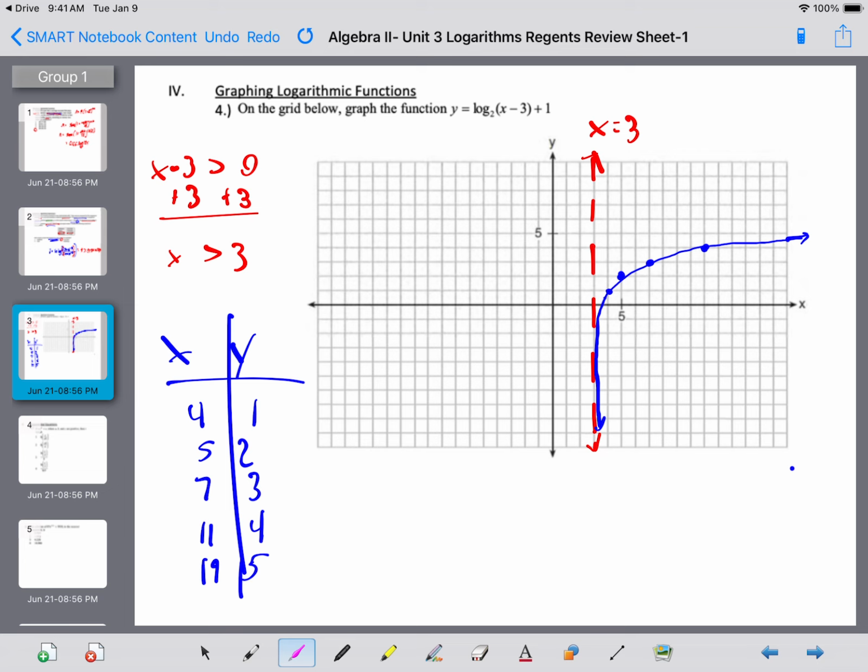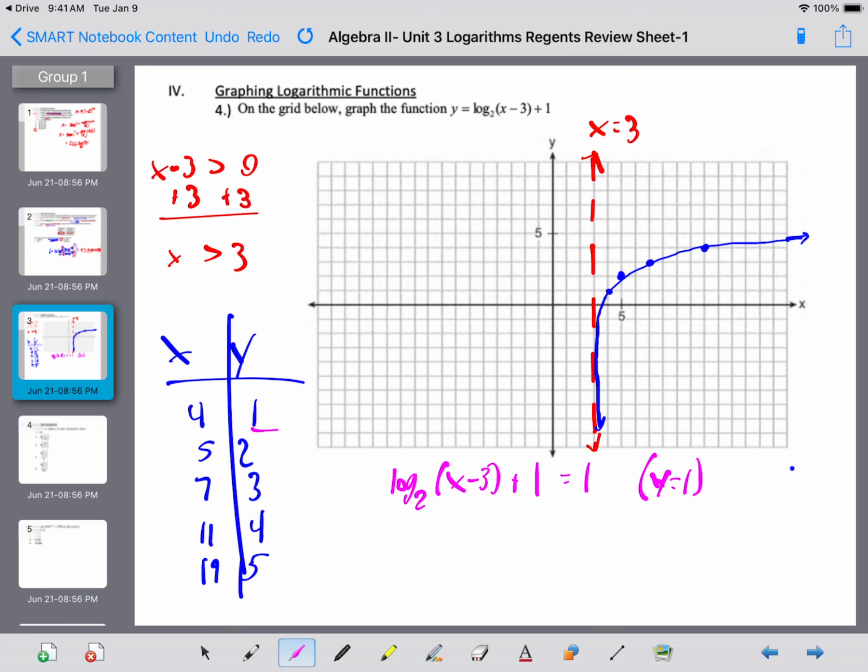So let's say we want to find where this equals 1. You set your log equal to 1. So your y is 1. And then you have to try to solve.